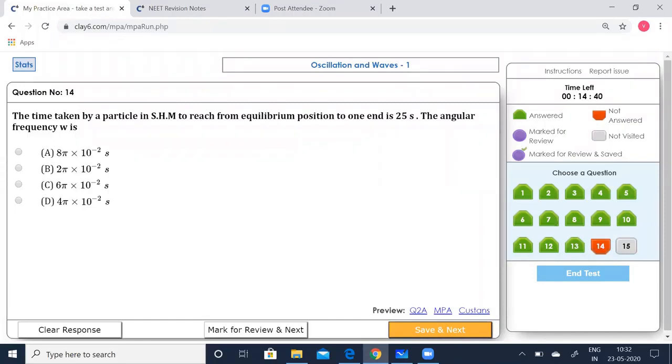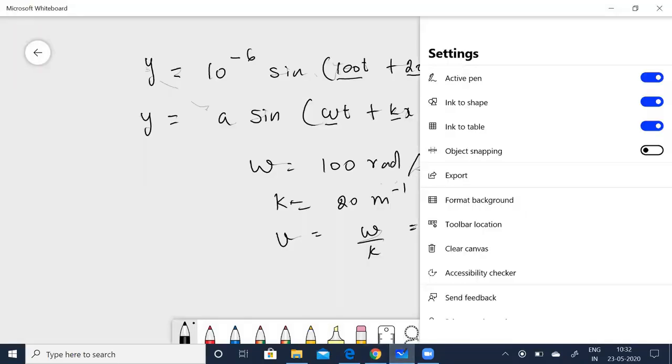The time taken by a particle in simple harmonic motion to reach from the equilibrium position to one end is 25 seconds. The angular frequency omega is what? All right. Let's quickly solve this.